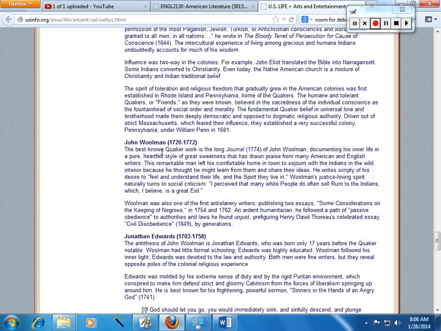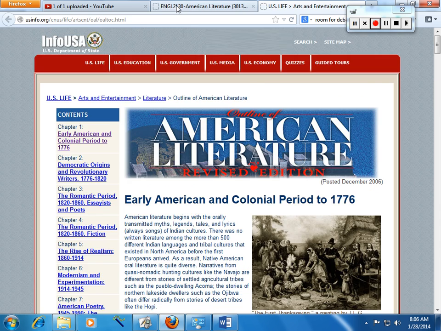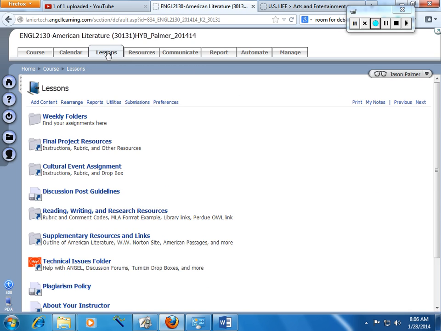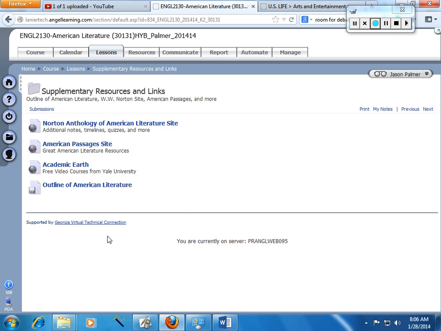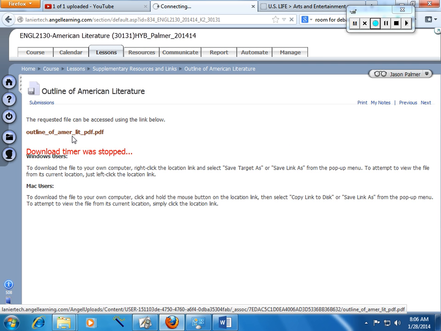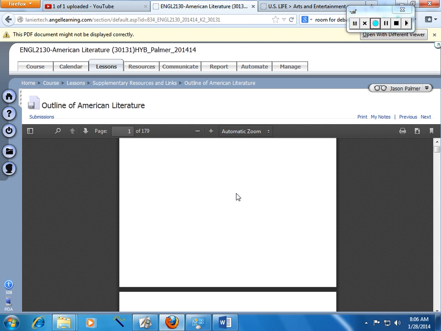I don't print from this web version here. I print from the PDF version, which is found in Lessons, Reading, Writing, and Research Resources. No, I'm sorry, next one. Supplemental Resources. Outline of American Literature, this should be the PDF. And this will allow you to print the 2 pages per sheet of paper.